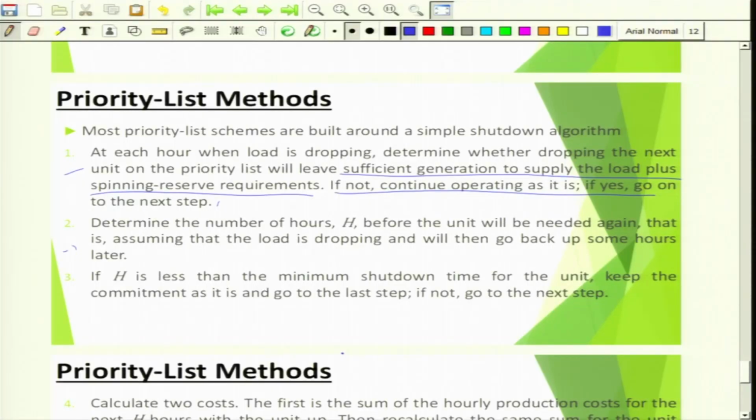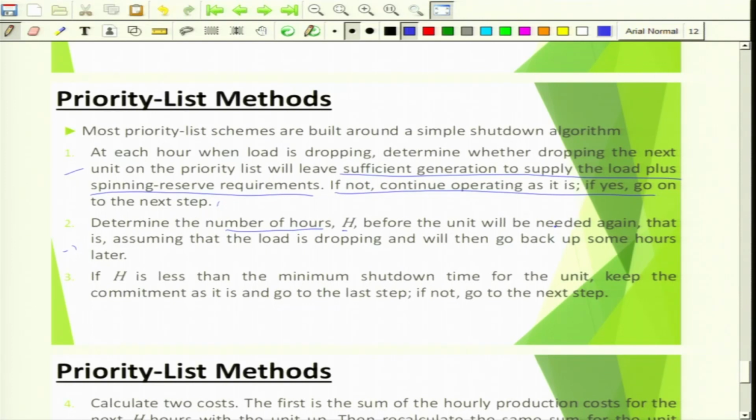Then you see other constraints: determine the number of hours H before the unit will be needed again. That means you have a peak load forecast, as I told you in the beginning. You see the next moment, or after some hours, what is the load?